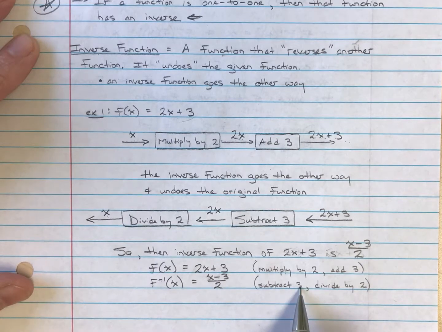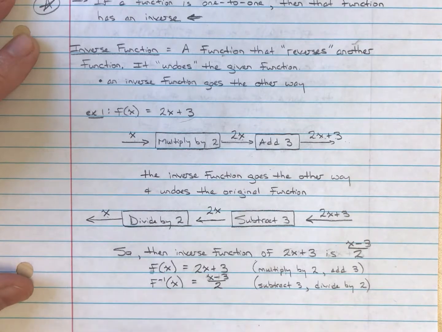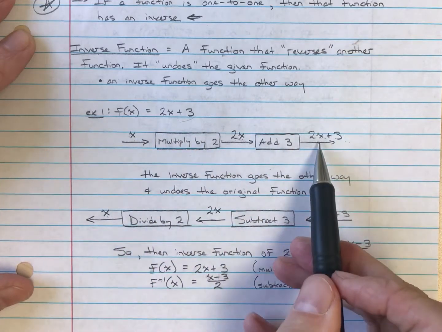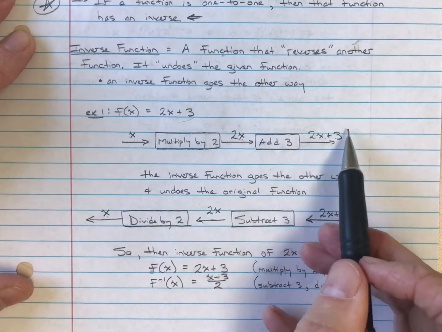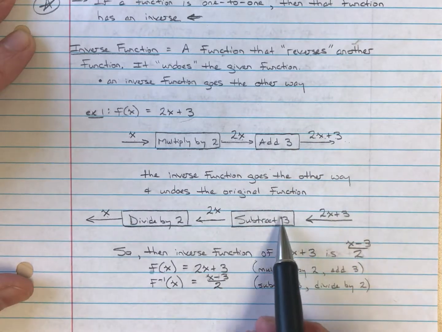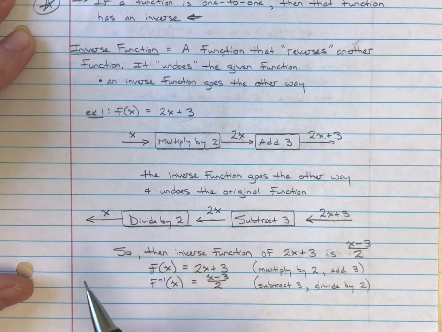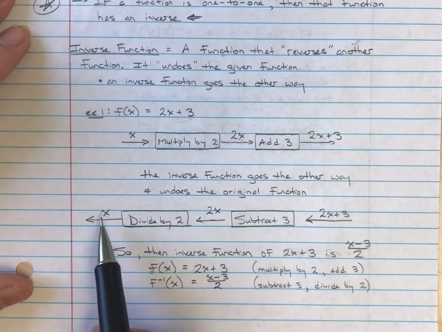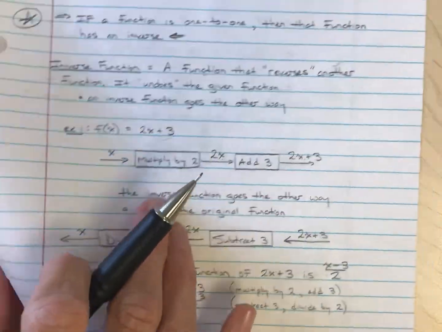We subtract 3 first, we divide by 2 second. And they undo one another. Notice x went into the f function, out came 2x plus 3. This result went into the inverse function, and out came x. We undid it. We got back to our original starting value.